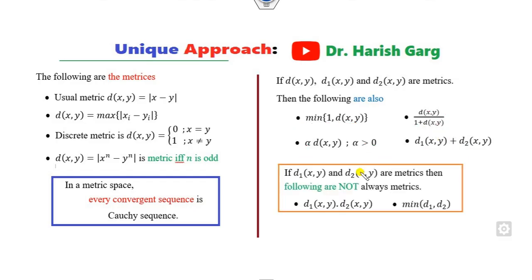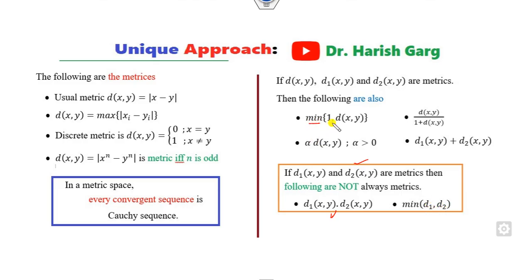However, if you have two metric spaces, then the following are not always metrics. That means the product of two metrics is not always a metric, because the triangle inequality property does not hold. Minimum of d1 and d2 is again not a metric space.